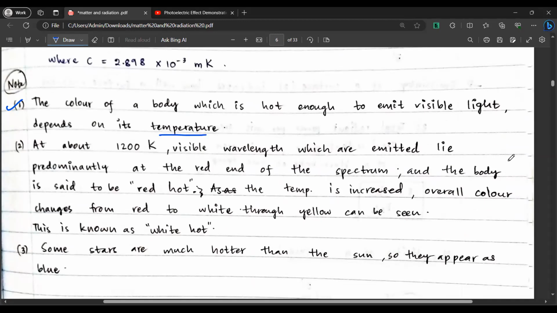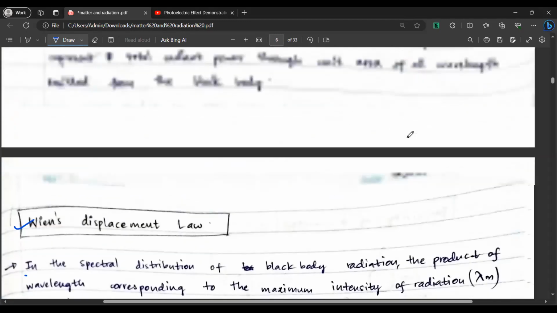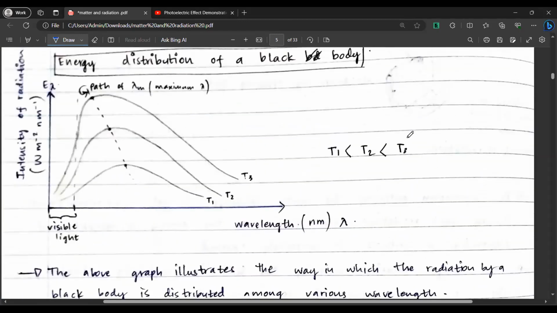So we have this idea, right? Because look, from this graph, we understood that when temperature increases, then the probability of shorter wavelength is high, right? When temperature increases, the probability of shorter wavelength is high.